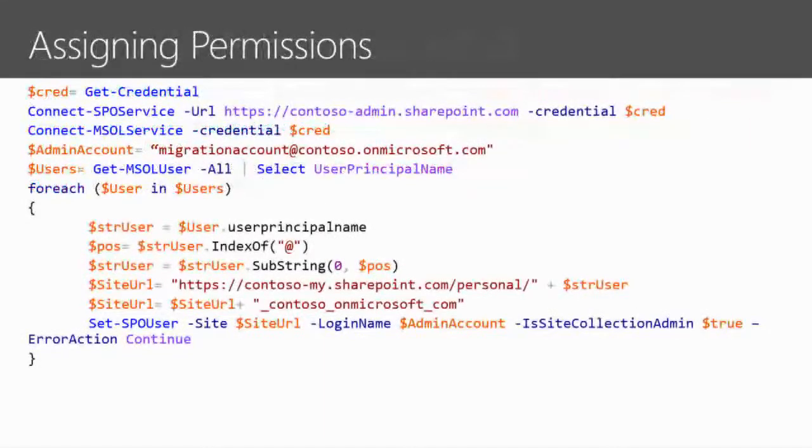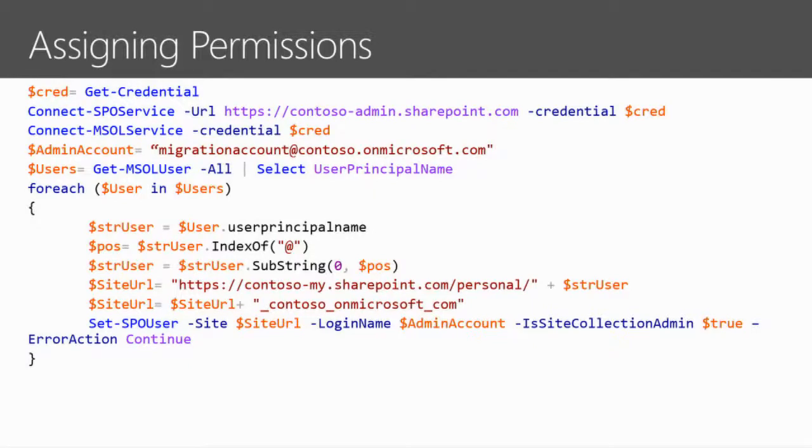The next thing we need to think about is adding permissions to that site that's been created, because if we want to use some kind of tool to move content from maybe a file share into these users' OneDrive sites, we have to remember that they're personal sites, right? So it's only that user who has permission. So we're going to need to loop through the sites that we want to work with and add an account that will be the process identity of the tool or script that we're using to perform the migration.